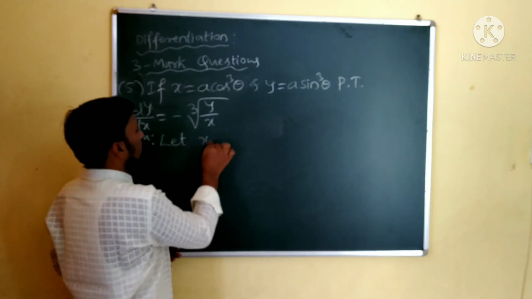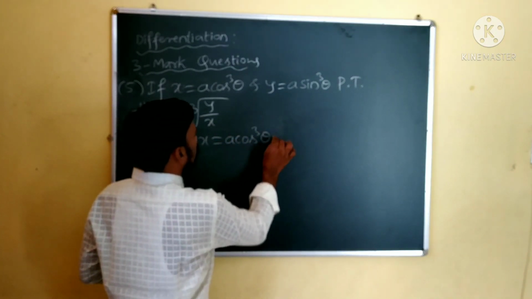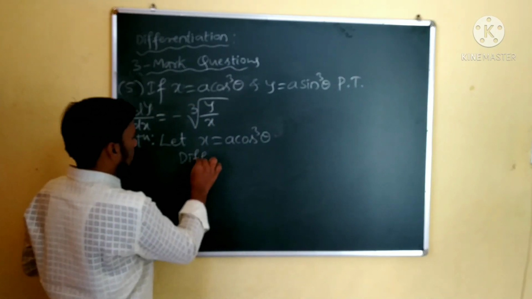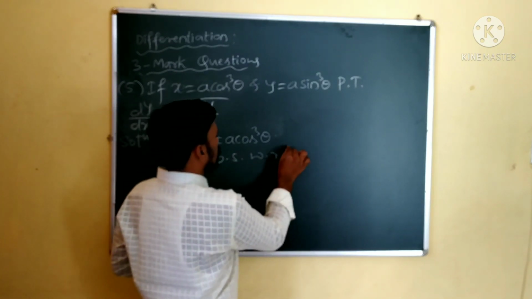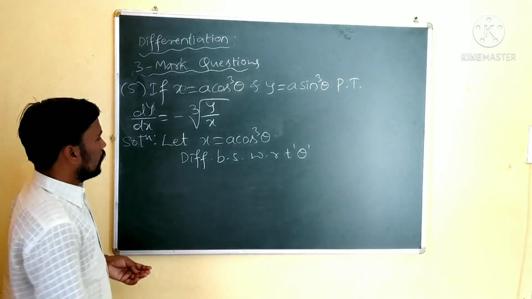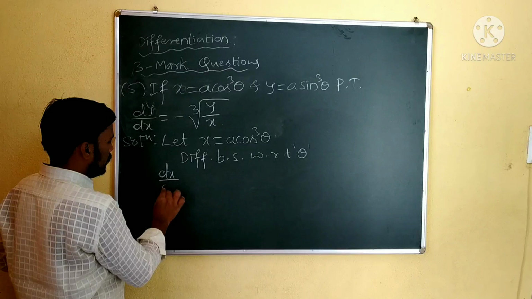Let x is equal to a into cos cube theta. Now differentiating both sides with respect to theta. Theta is a parameter. Now derivative of x with respect to theta is dx by d theta.